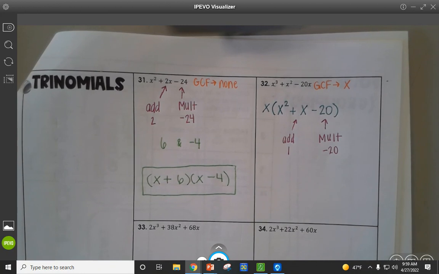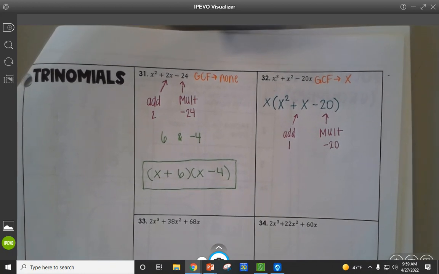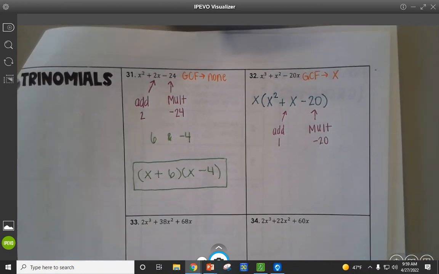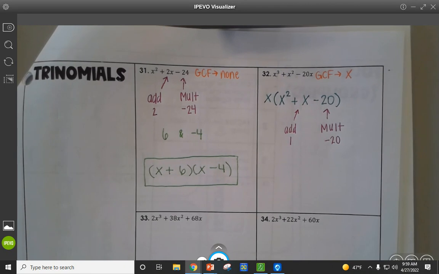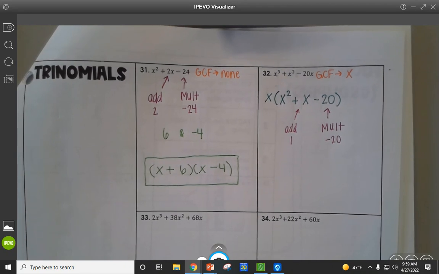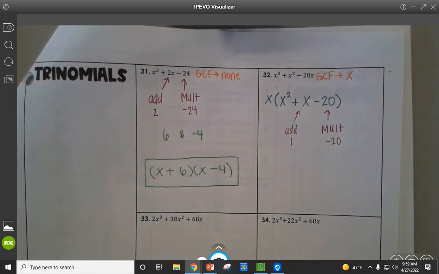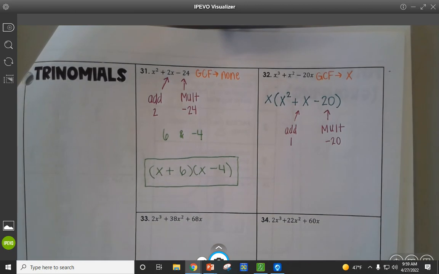So you need to play around with some numbers in your calculator and find two numbers that multiply to be negative 20 and add to be positive 1.